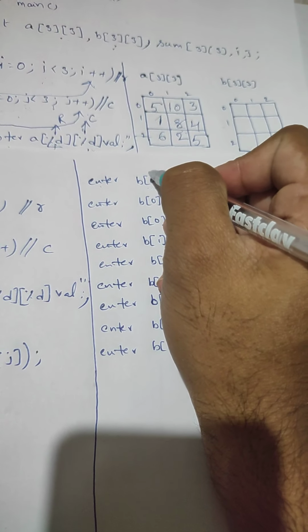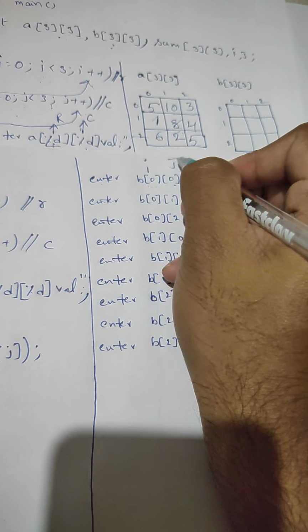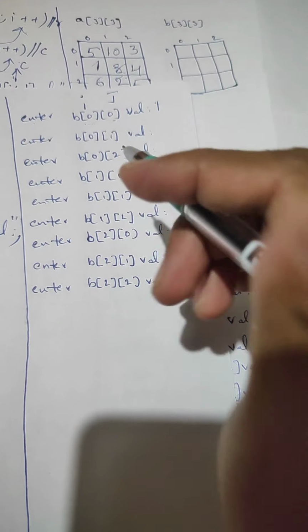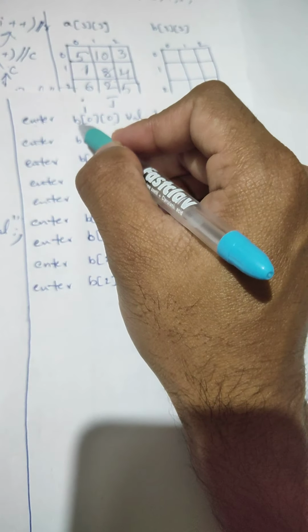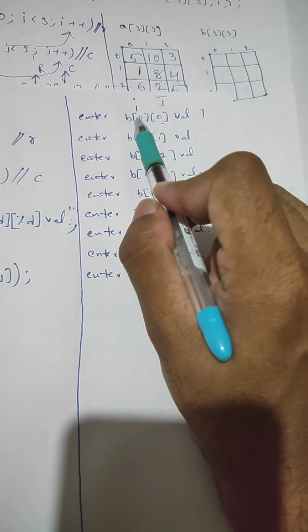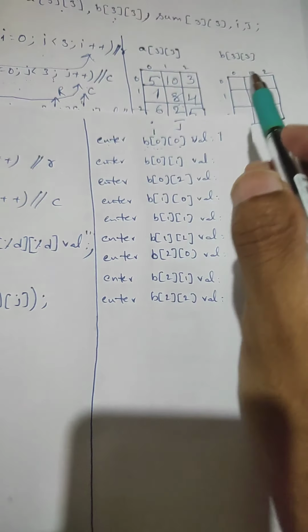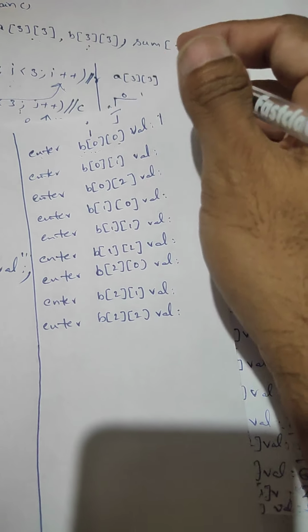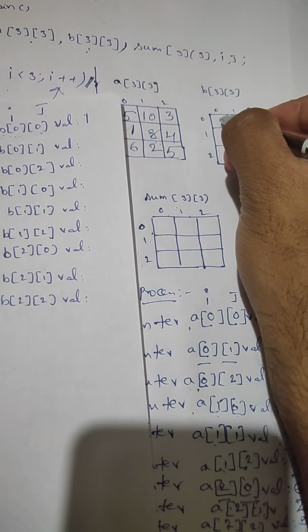So this is for i and this is for j, same as the previous process. So 1 is stored in B of 0th row and 0th column.